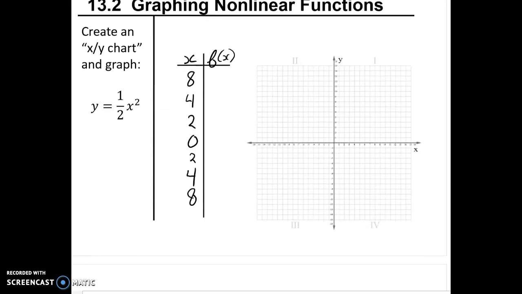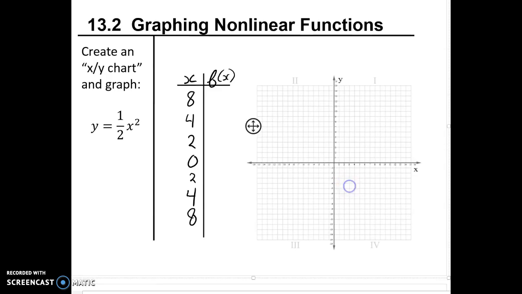And let's try another one here. Aha! What are we doing now? You will notice we are no longer multiplying by a whole coefficient, but by a fraction. So what's going to happen when we multiply by a fraction?